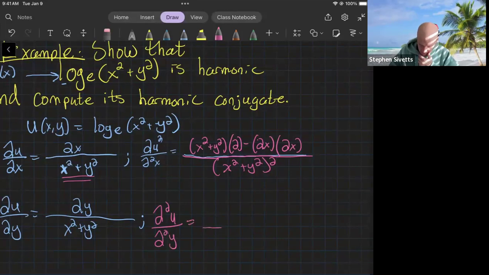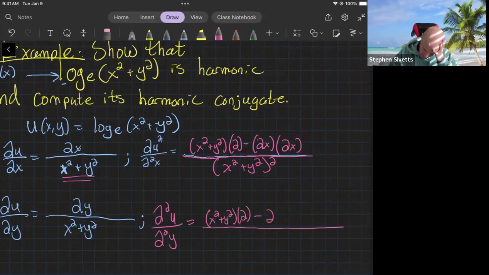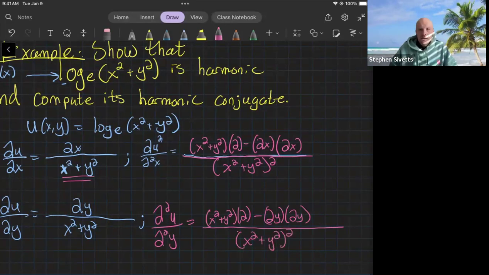Second partial of u with respect to y would be almost the same: x squared plus y squared times 2 minus 2y times 2y over x squared plus y squared, squared.